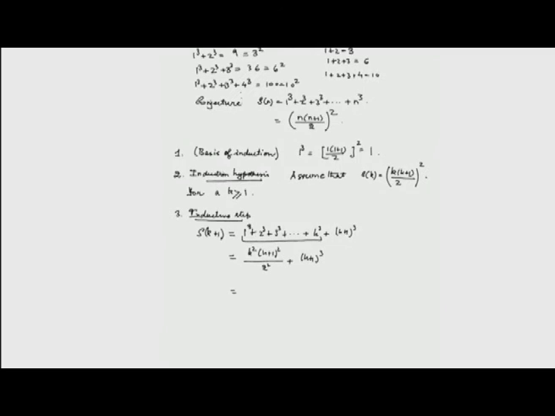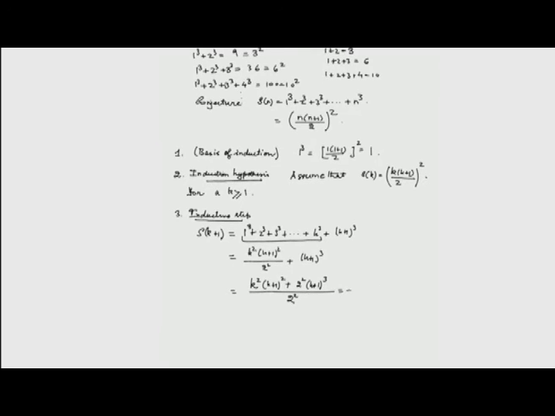And of course, I can simplify this expression by putting 2 square in the denominator, and in the numerator we have k square times k plus 1 whole square plus 2 square times k plus 1 whole cube.